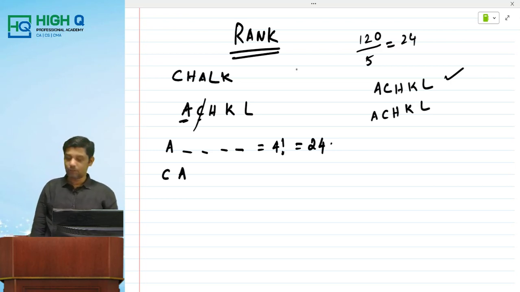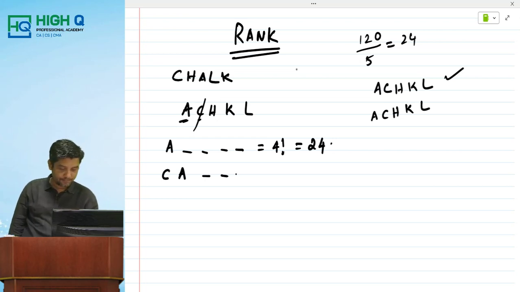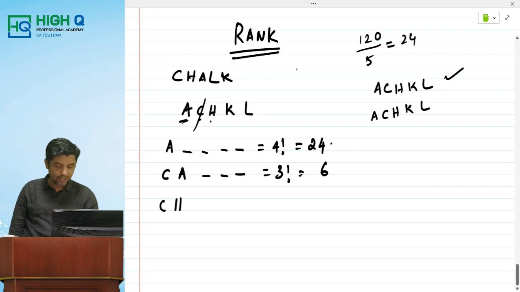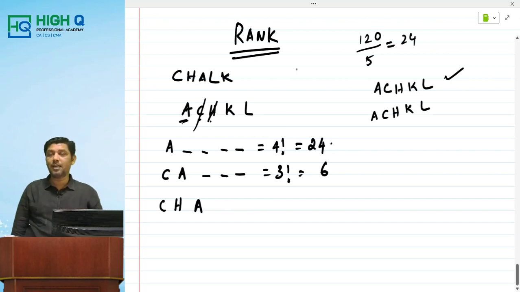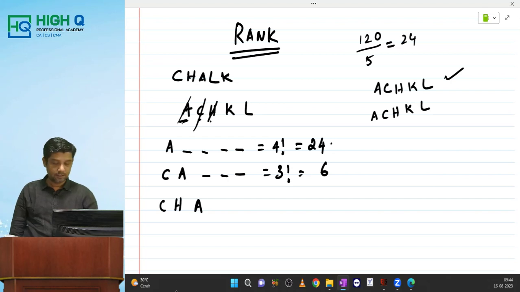No. So remaining how many positions are there? Now, after A, what letter do we have? H. Do you want H as the second letter? Yes. Cut this. Again go from the first position. What is the first place? A. Do you want A as the third position? Yes. Okay, cut this.